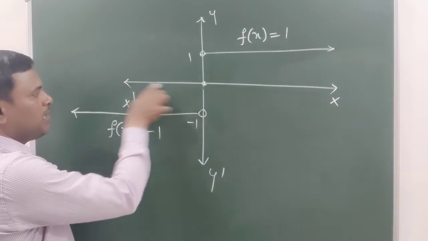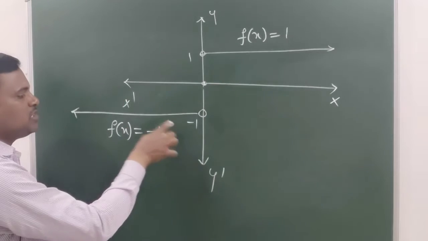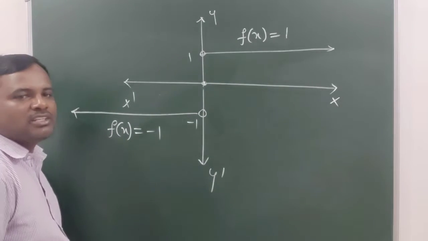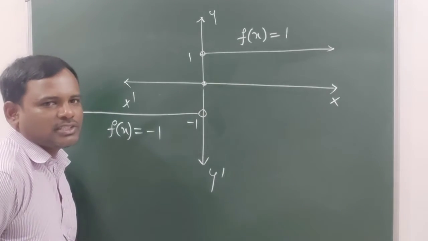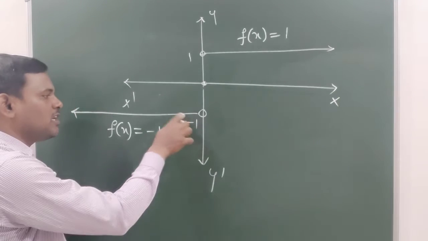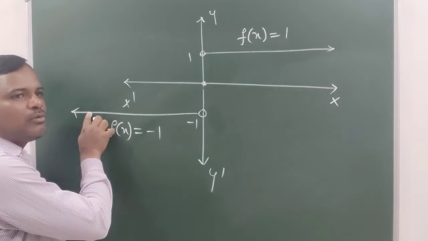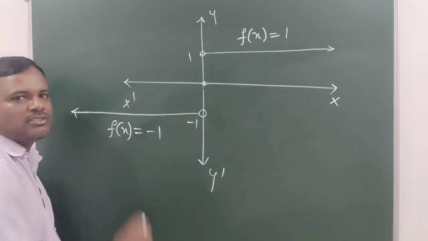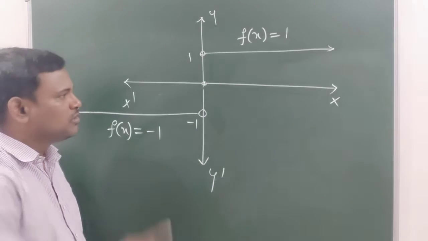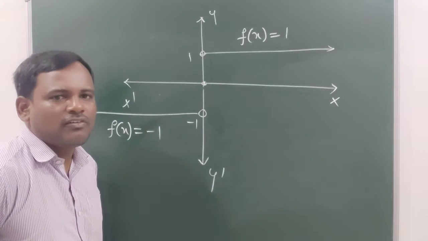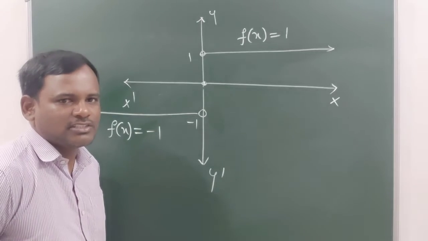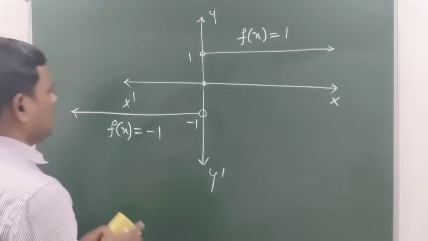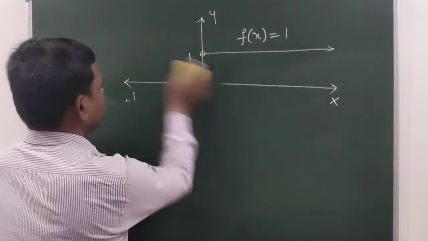If your domain is negative, your respective range will be minus 1 for this signum function. On this horizontal line, take any point, and its respective range will be minus 1. So this is the graph of the signum function. Now let us go to one more function.